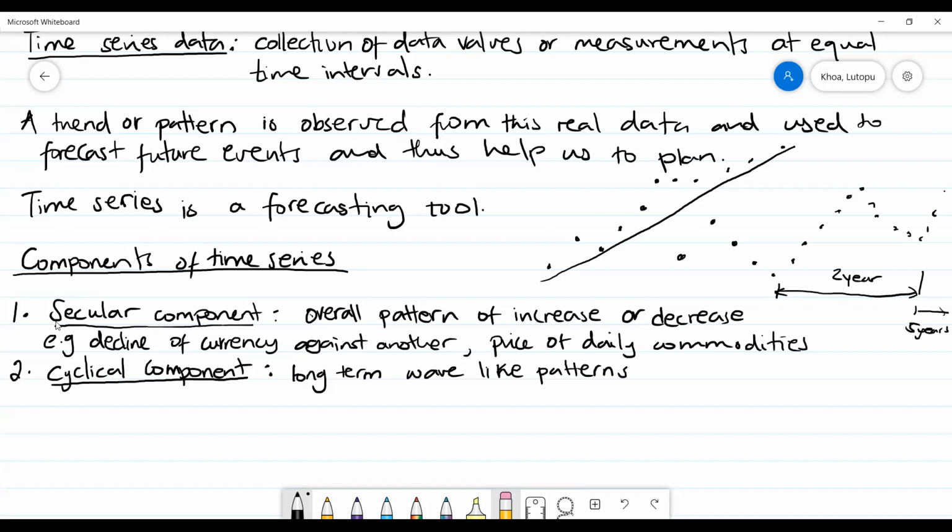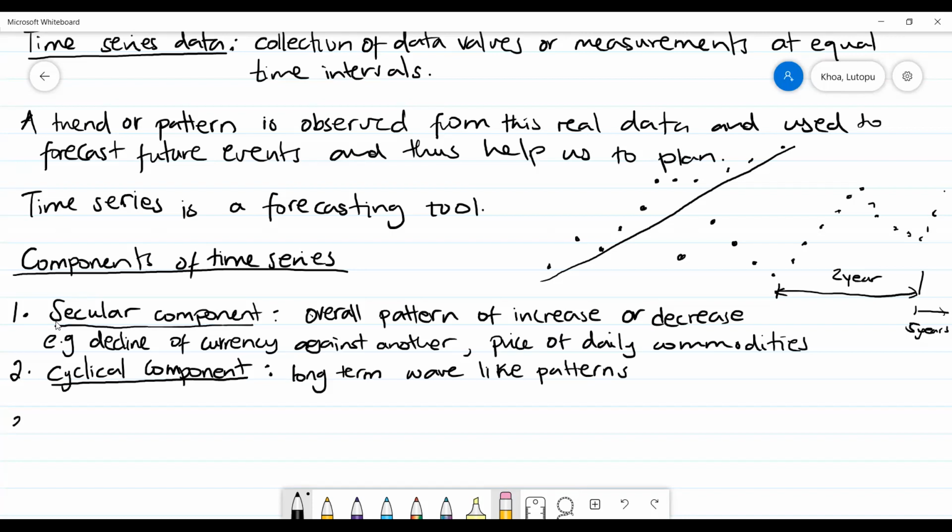So they're not necessarily at equal lengths or at equal intervals, but when you look at the data over maybe 30 years, you can see it went up, came down, went up, came down, and so on. So there is a wave-like pattern that you can observe. And that is why we say this is long term, sometimes medium, but generally observed over a long period of time.